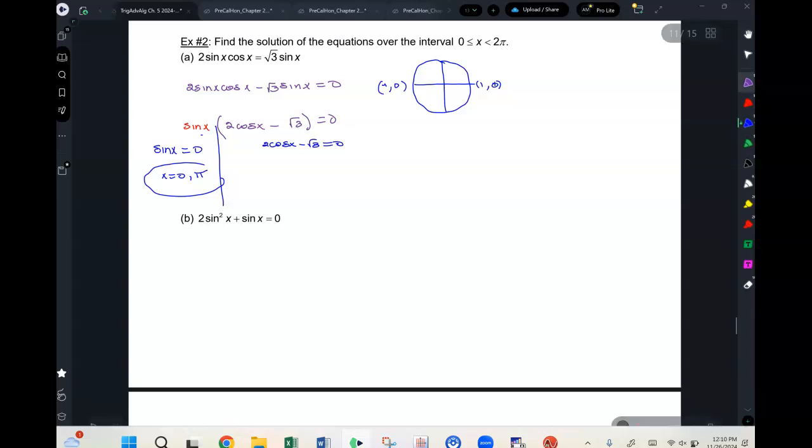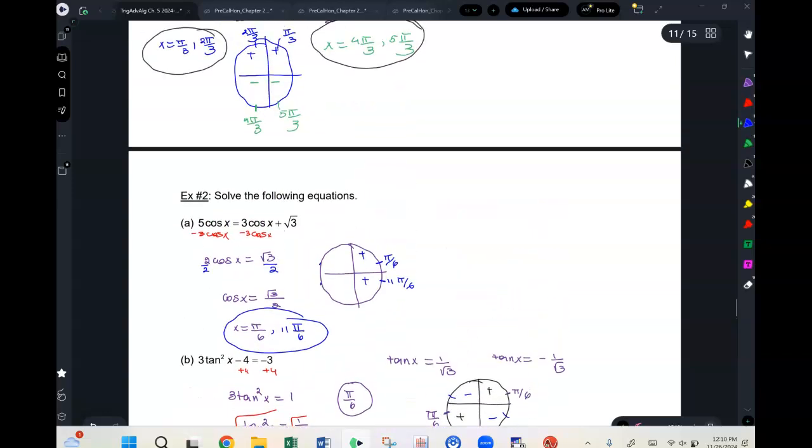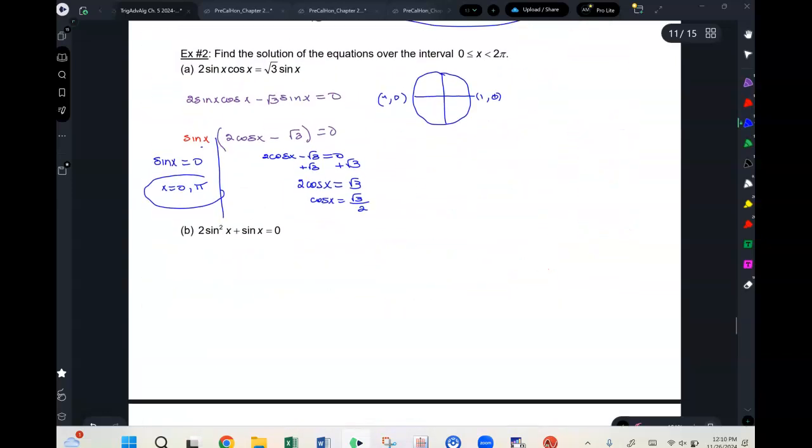And then this one, what am I going to do? Add root 3. So 2 cosine x equals root 3. Cosine x is root 3 over 2. Okay, Kieran, tell me, which one of these triangles has cosine root 3 over 2? Pi over 6.